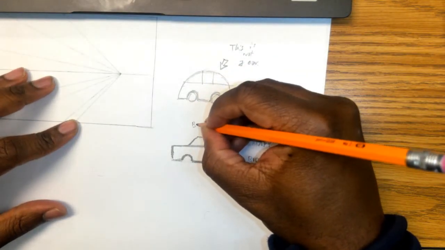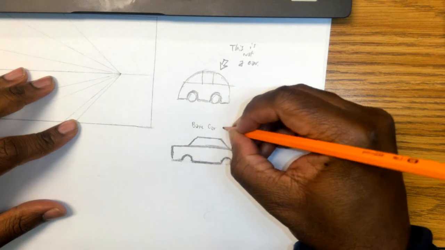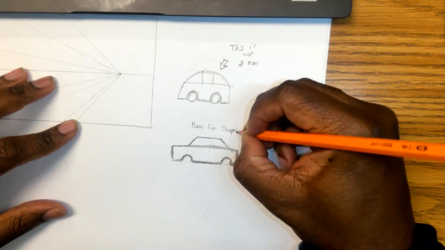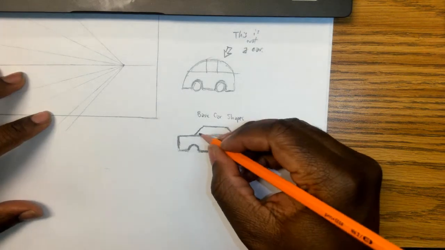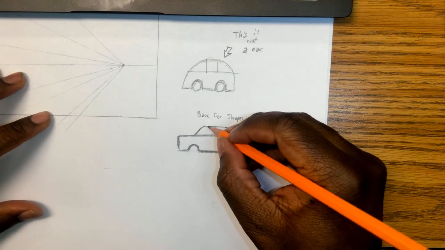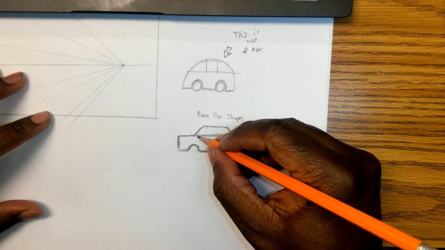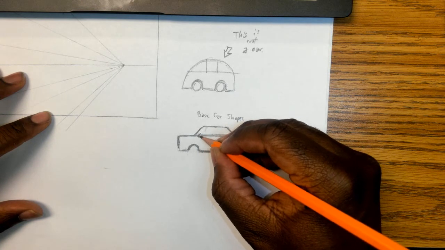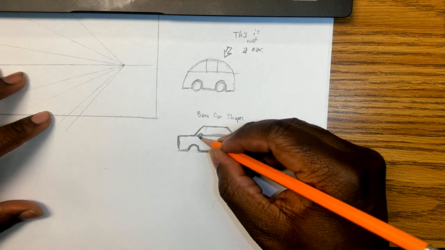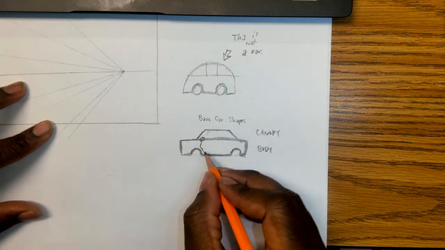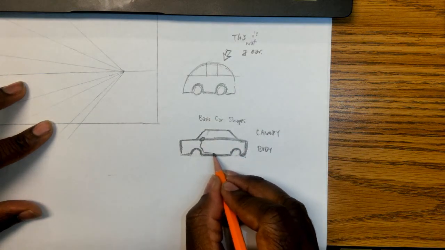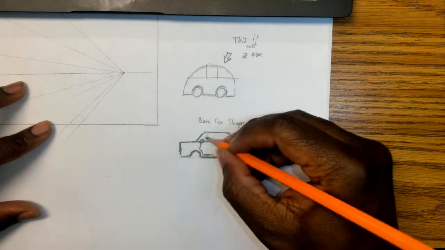So this is just your basic car shapes. Obviously, the wheels are circles. But then you have to consider everything else, such as rearview mirrors, doors, and the doors never go all the way to the bottom. It's always cut into the car.